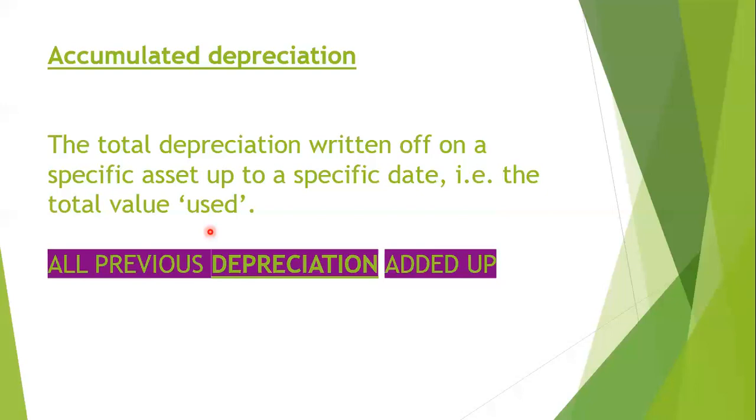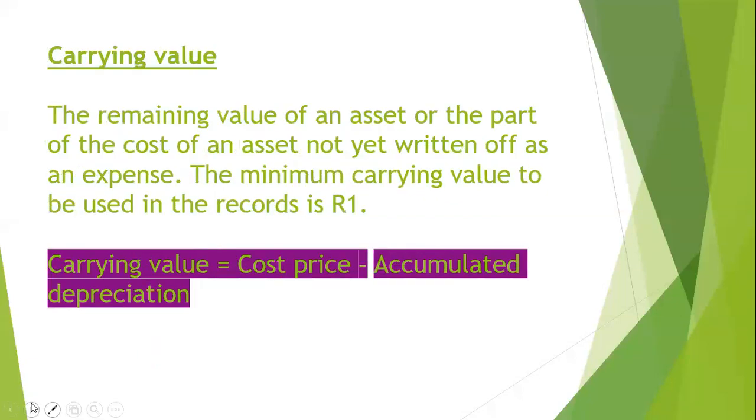What we said was accumulated depreciation, all previous depreciation added up. So that accumulated depreciation would then be 2,000. Okay. Let us go to the next slide.